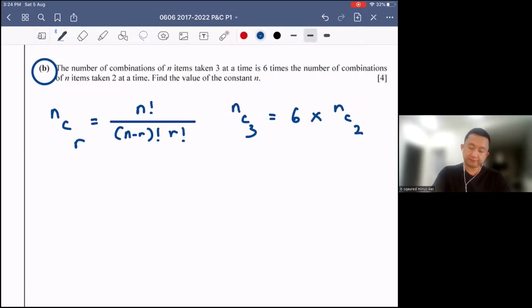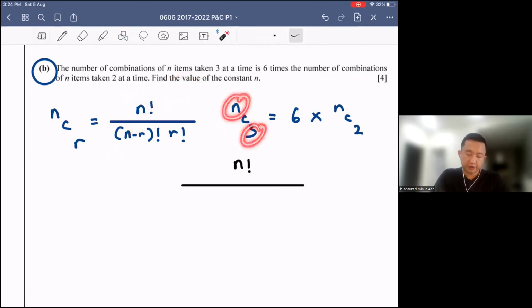Okay, let's change nC3 to n factorial. This one, you put it here, all right? And then n, you put it here. This is your n, this is your r. So you put a 3 here, you put a 3 here.